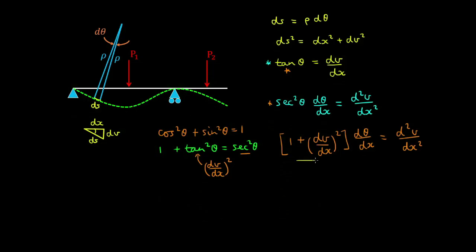And now if we divide through by this term, we get an expression for d theta/dx, which is the second derivative of v with respect to x over 1 plus (dv/dx) squared.